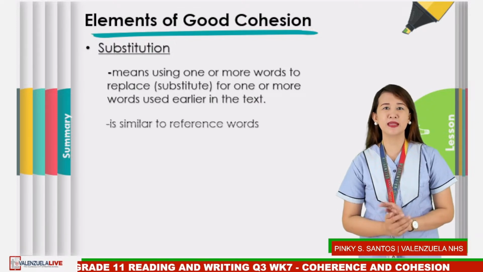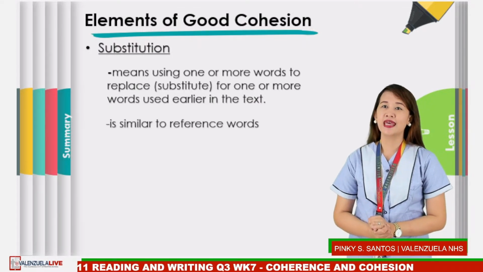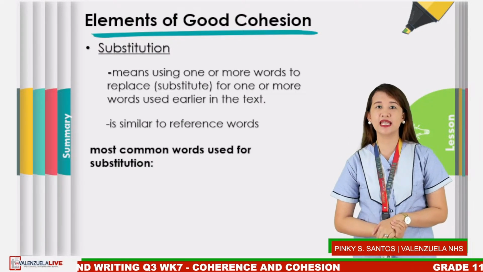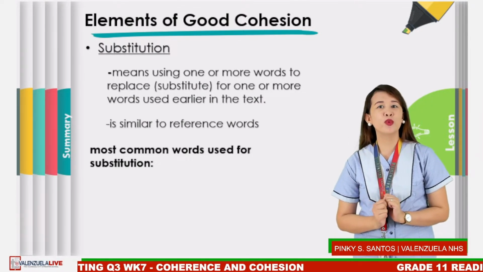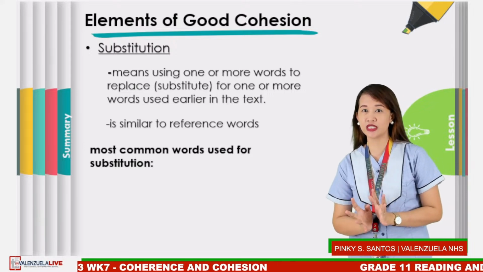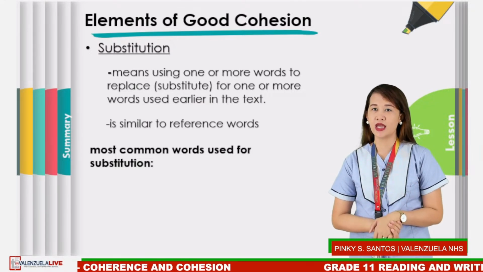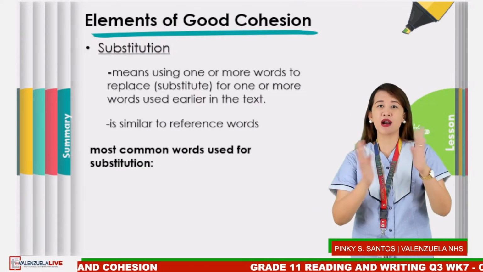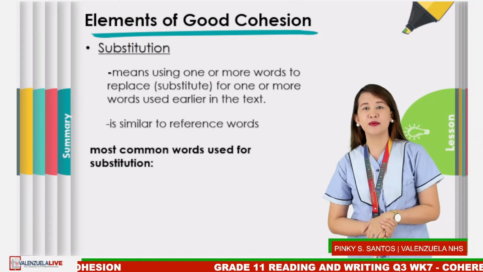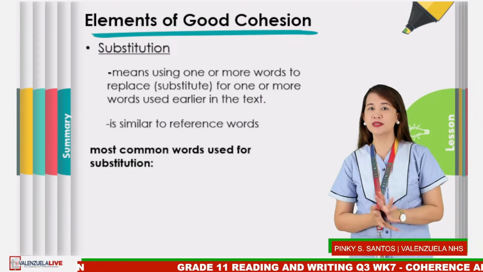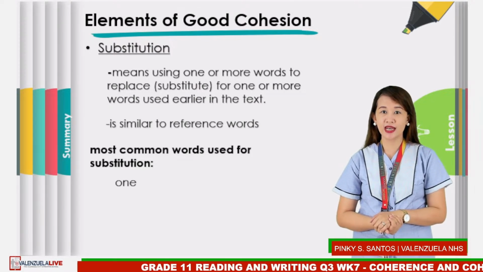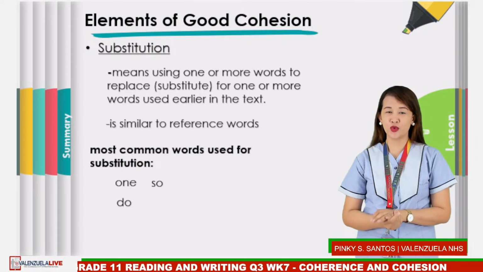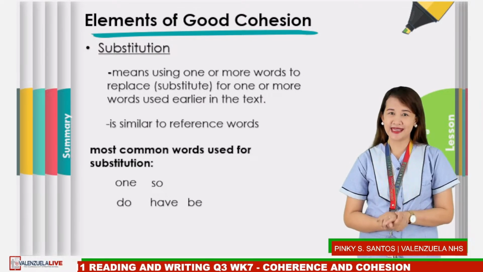It is also similar to reference words, the main difference being that substitution is usually limited to the clause which follows the word or words being substituted, whereas reference words can refer to something far back in the text. The most common words used for substitution are one, and so, and auxiliary verbs such as do, have, and be.